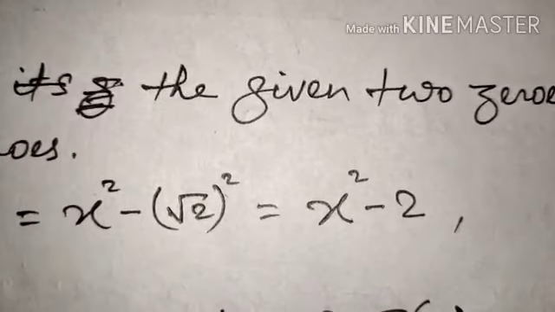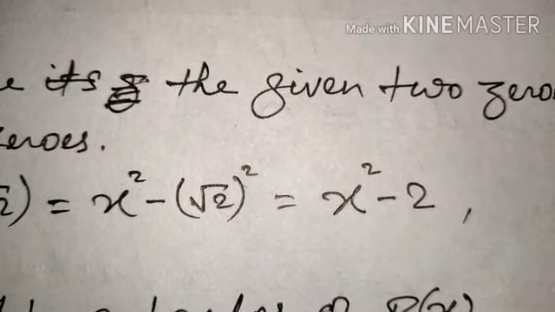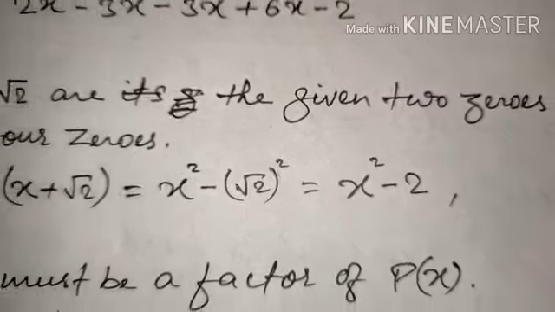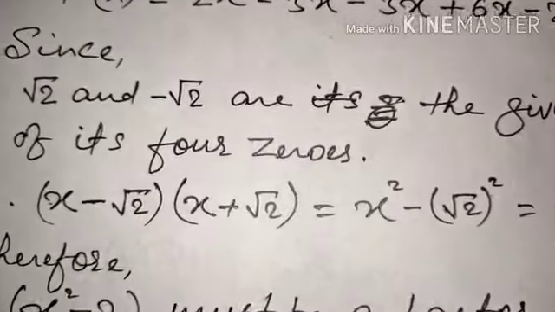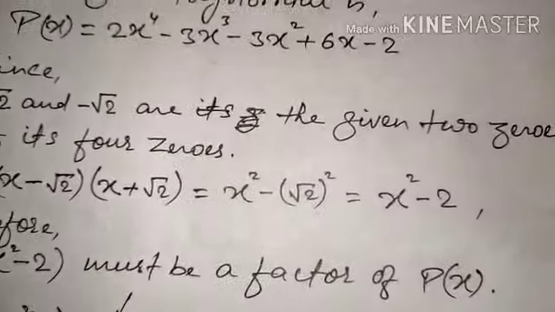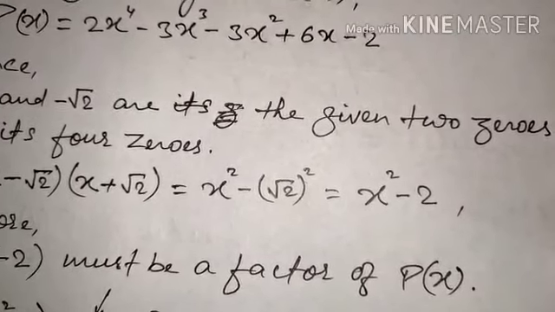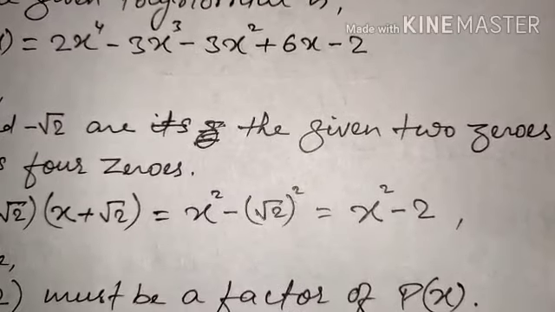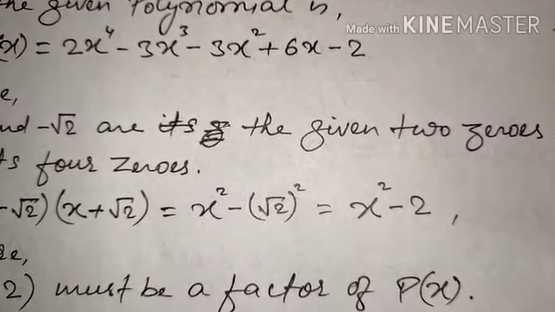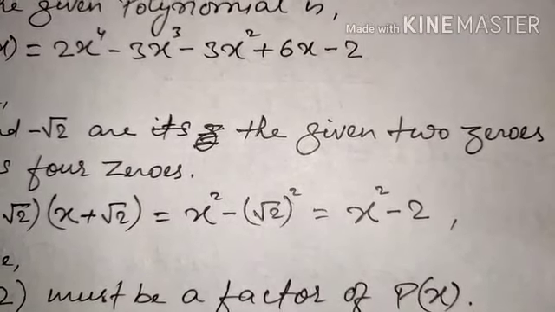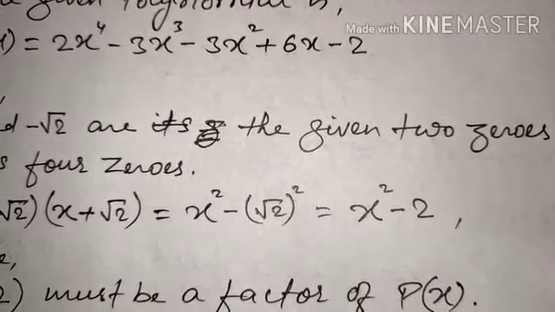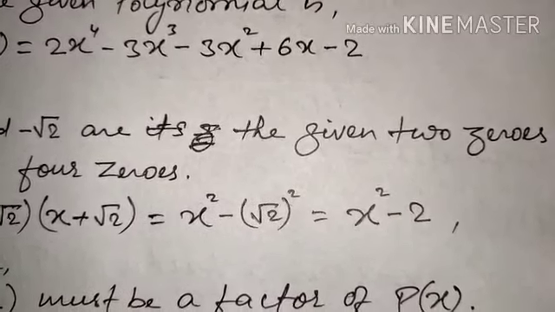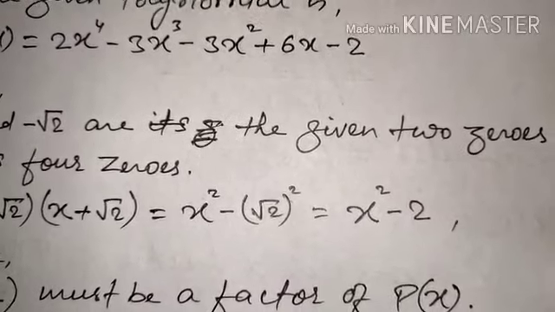Now we are going to divide the given polynomial by this x square minus 2. It means with the help of these two factors we had obtained one factor. Like if you are having 12 and we know that 2 and 3 are its factors, then when we multiply 2 and 3, whatever the result is, that also is going to divide the number 12. 2 into 3 is 6, so 6 is also a factor of 12.